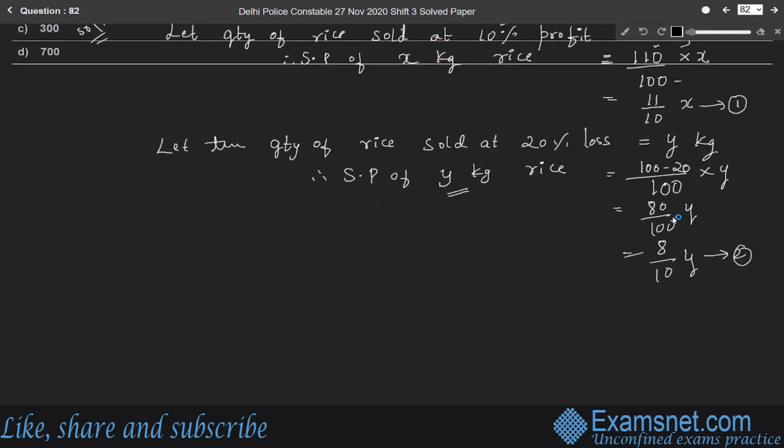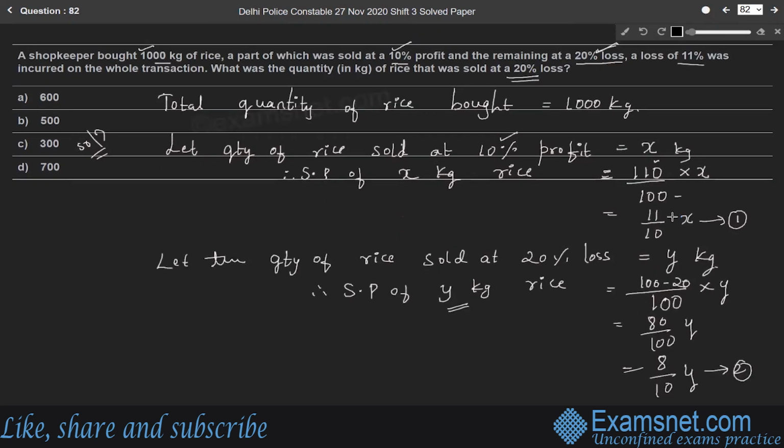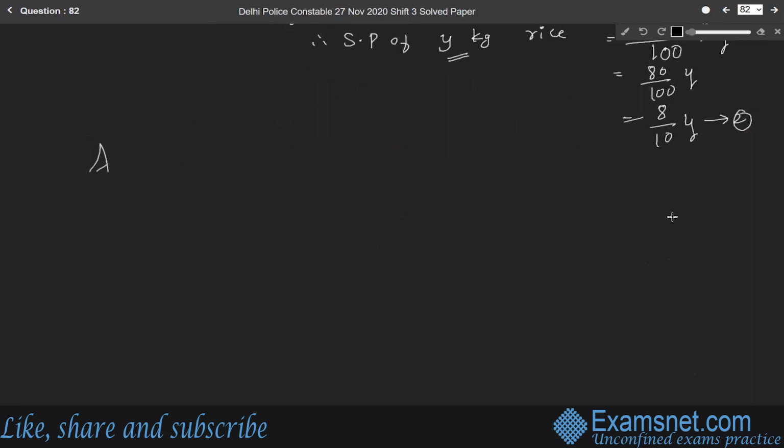Come back to the question. Also by the question, we have assumed the quantity of rice at 10% profit is x, at 20% loss is y, and the total quantity is already given, which is 1000 kg. So we can write x plus y is equal to 1000.